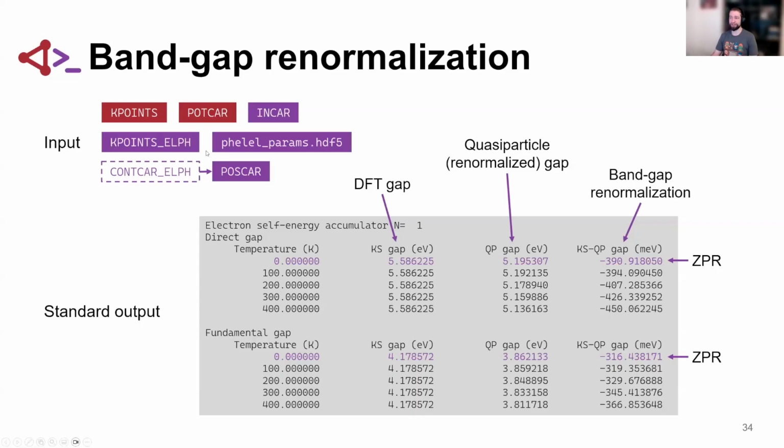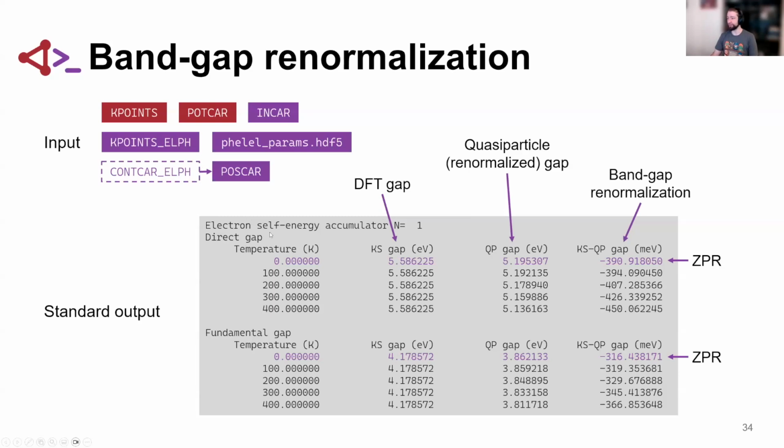Then you have a KPOINTS_ELF file, which contains the q-points of the intermediate states. You have the elphon_params.h5 that you generated from the supercell. And finally, you have a POSCAR for the unit cell, which I remind you, you can get where you can copy or move the CONTCAR_ELF to get this POSCAR.